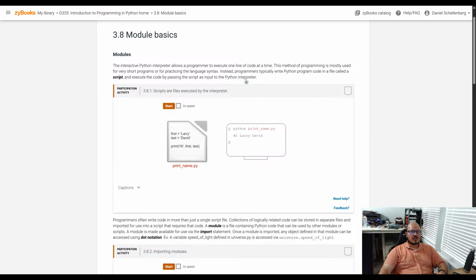Instead, programmers typically write Python program code in a file called a script and execute the code by passing the script as input to the Python interpreter. So let's start. Programmer writes code in a script file named print underscore name dot py.